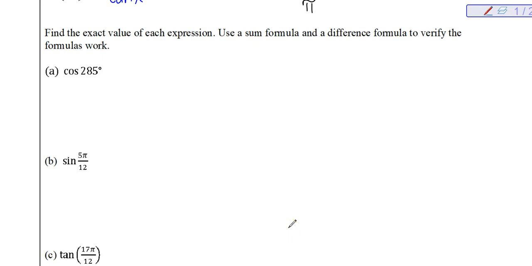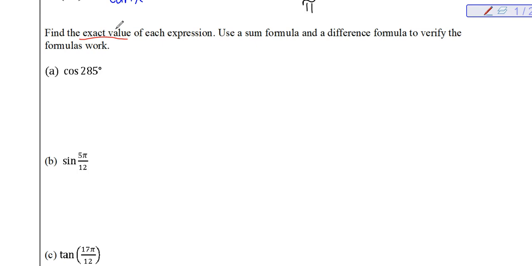Instructions say this: find the exact value of each expression. Okay, hint, that says exact value, not approximate value. So that's where your graphing calculator is not going to be helpful, or a plain old scientific calculator is not going to be helpful.